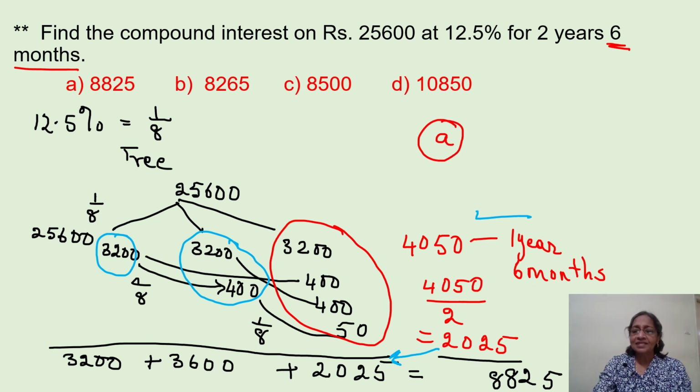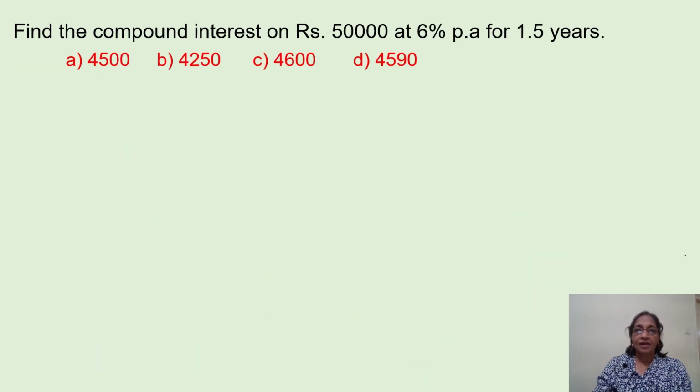Now we go to the next sum. Find the compound interest on rupees 50,000 at 6% for 1.5 years. So now this is much simpler. 50,000 at 6%.